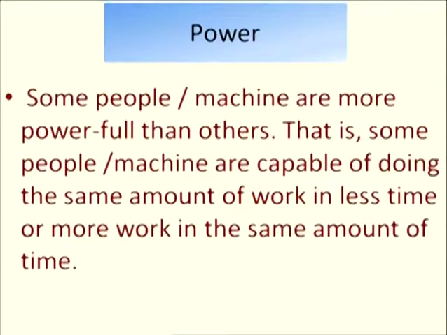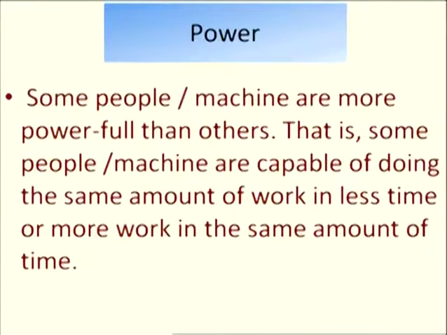We have seen that some people or machines are more powerful than others. That is, some people or machines are capable of doing the same amount of work in less time, or more work in the same amount of time.